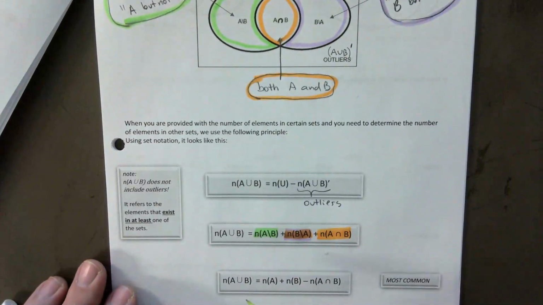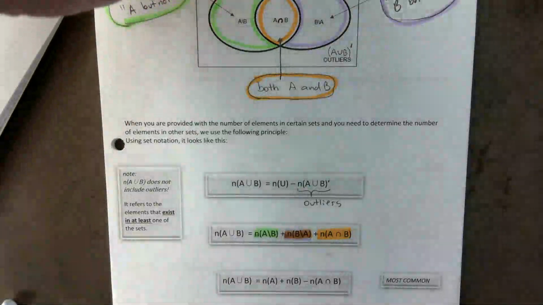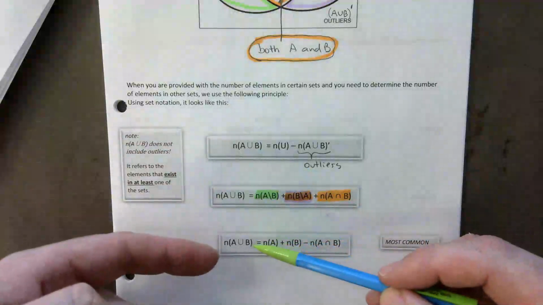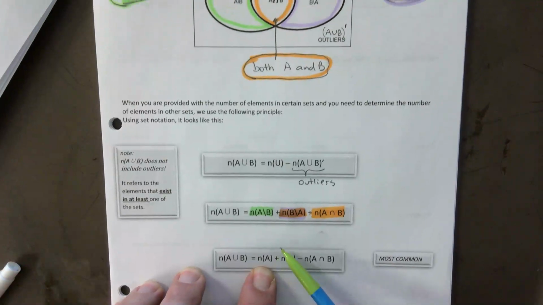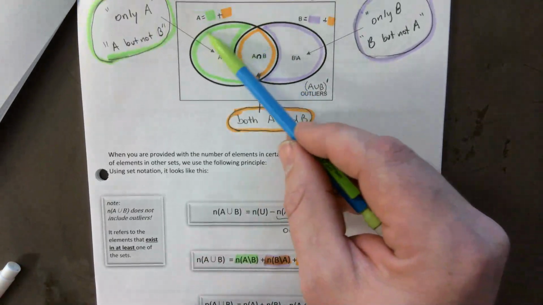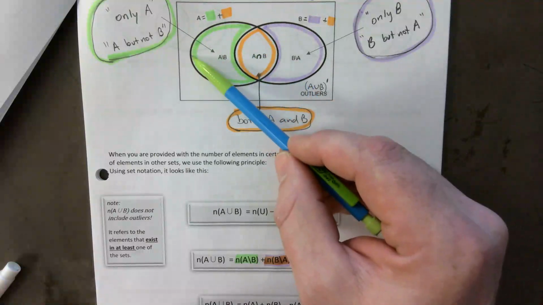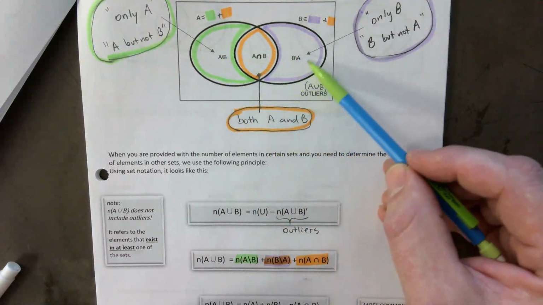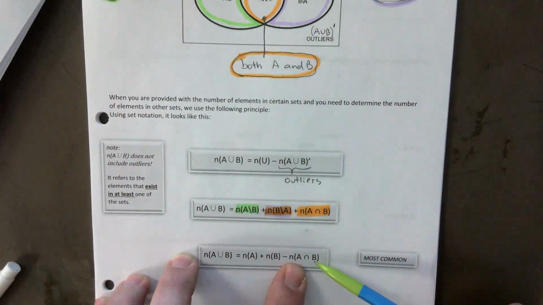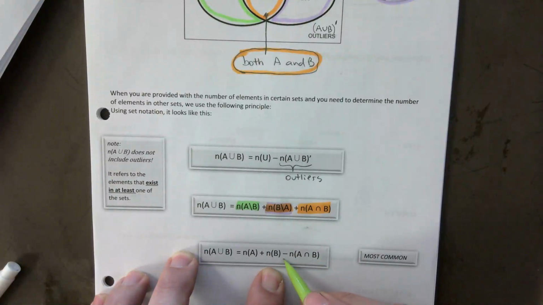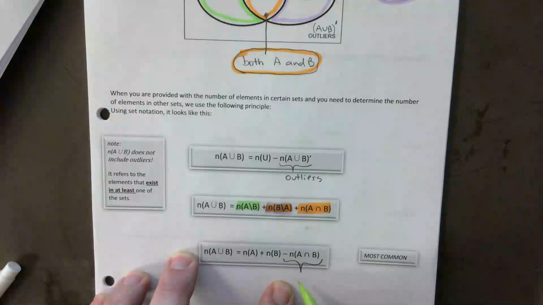This one is the most common one, the third one. What is the union? They're all saying the same thing. But the union is taking A, pay attention to this one. You take all of A and you take all of B and you have to subtract the intersection from it. Why is that? This is the intersection.